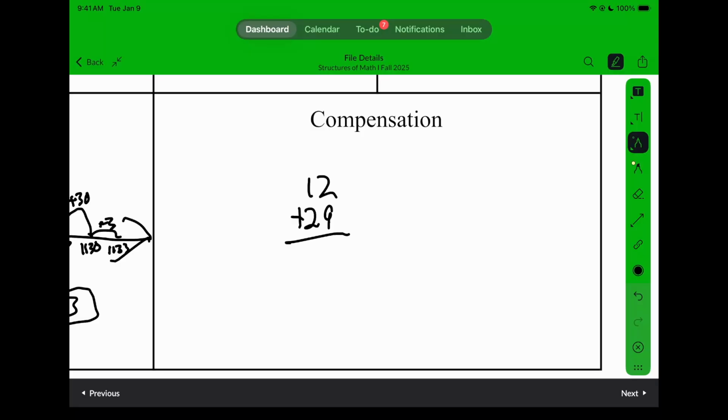So in this example, like the 12 plus 29, you can add 1 to 29 and then subtract 1 from 12 to get 11 and 30. Still gives you 41.